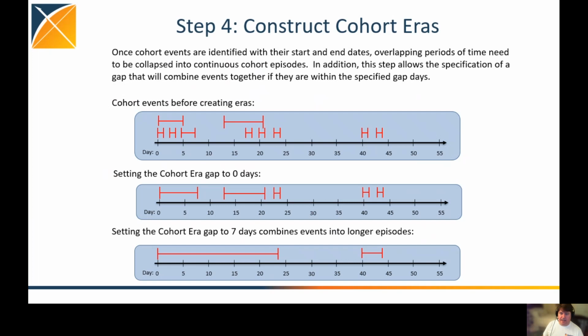However, if we specify that we want a cohort gap era of 7 days, then any of these episodes that are within 7 days get combined into a continuous period of time or era. So in this case, with 7 days, we've combined these 3 individual episodes into one long episode. And these 2 individual episodes out here were combined into one episode.